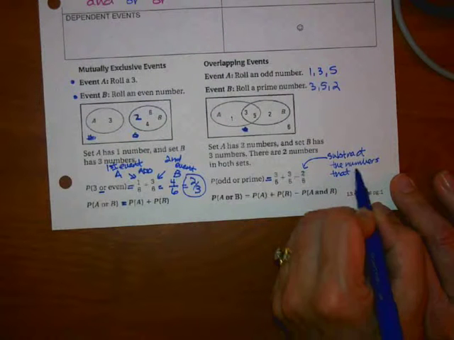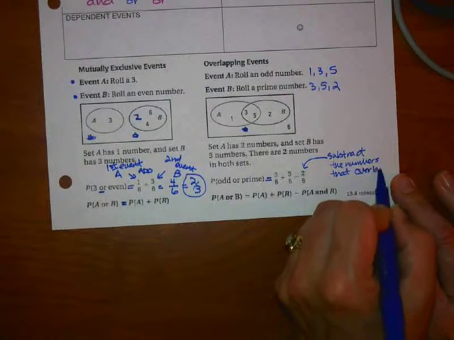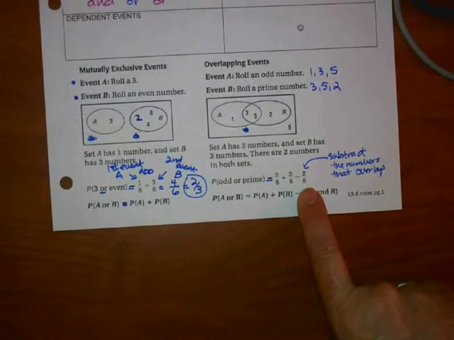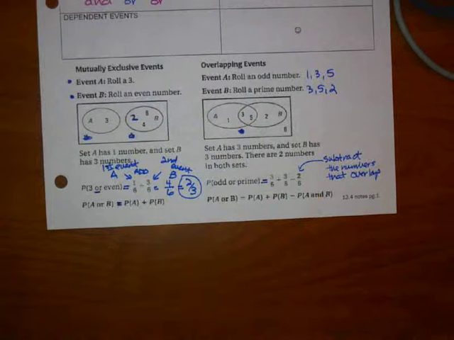Because otherwise you're counting the probability of a 3 occurring twice, and you're counting the probability of a 5 occurring twice. So you just have to subtract those overlap numbers. There were 2 overlap numbers, so I subtract 2 over 6. So that I will get an accurate probability of this happening.